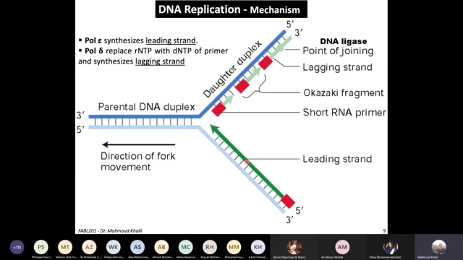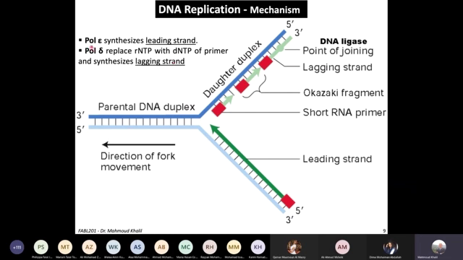So we have now two daughter strands that have been formed on the template strands of the parent. One of them has been formed continuously, no obstacles, since it continues from the 5' until 3'. The other one has been formed discontinuously, then rejoined by DNA ligase. That's why the strand which eventually forms will be named lagging strand.